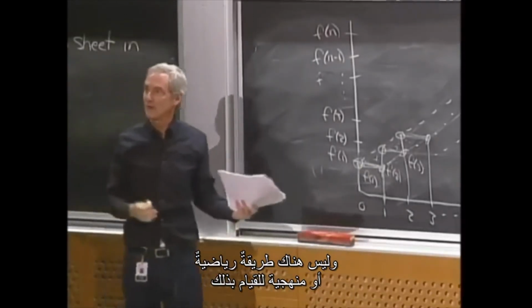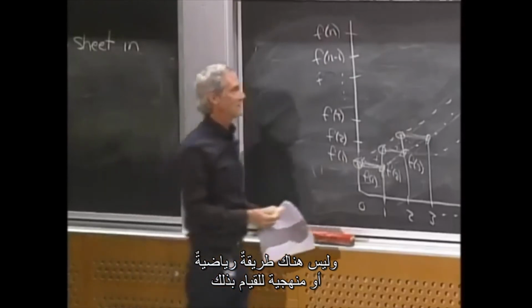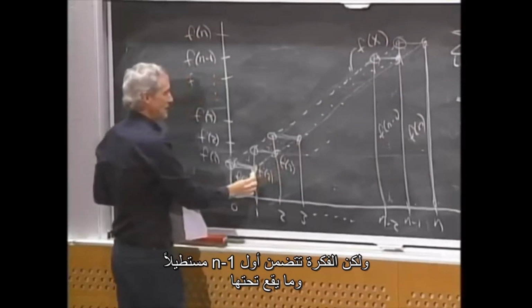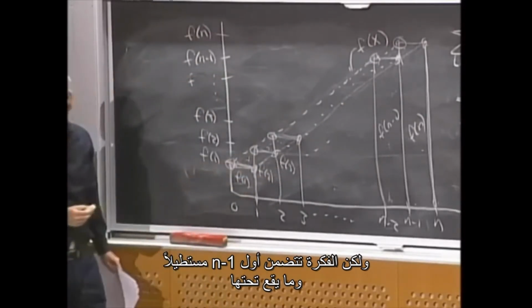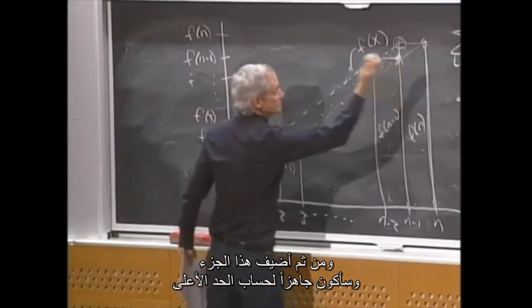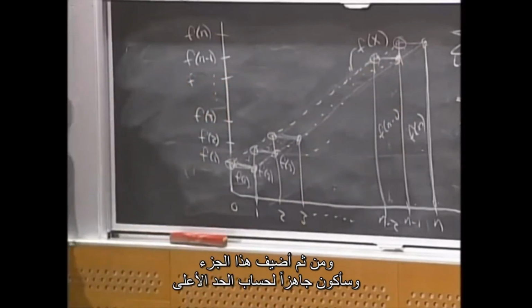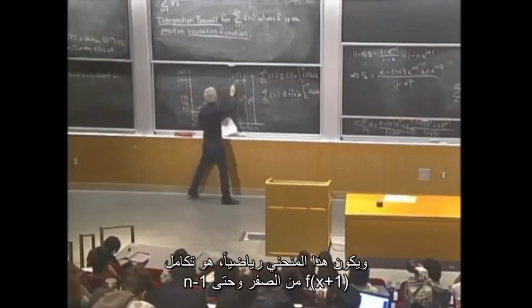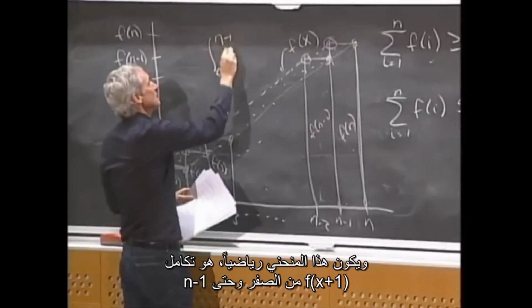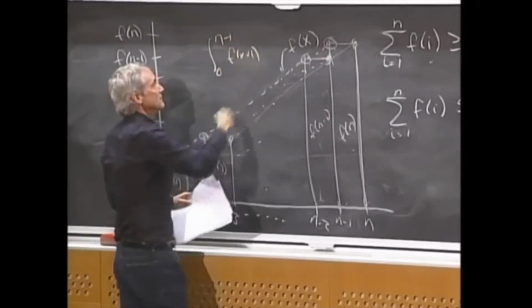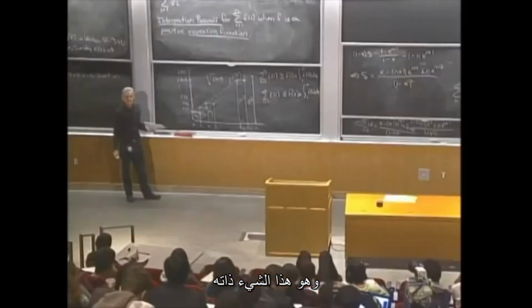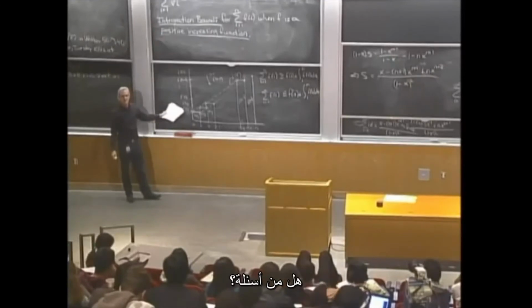There's another way to look at it mathematically, probably the formal way to do it. But the idea is that all these first n minus 1 rectangles are contained underneath it. And then I just add this in, and I'm good to go. I've contained all the rectangles now for the upper bound. Mathematically, this curve is the integral from 0 to n minus 1 of f(x+1), which is the same thing as what that is. Okay? Any questions for that?